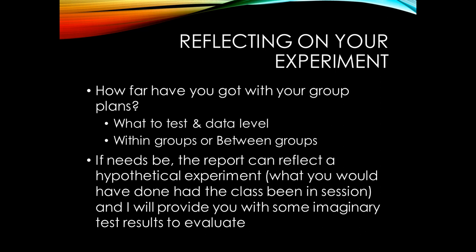So once you've made those decisions, if you haven't already, let me know, and that will start to shape the type of statistic you need to use. So once I know what all three groups are doing in terms of the setup for the experiment, I will then get back to you and factor into one of the future lectures advice on which type of statistic you need to use for the style of experiment you are planning to conduct. So think about it, discuss it through social media, and then let me know also through social media.